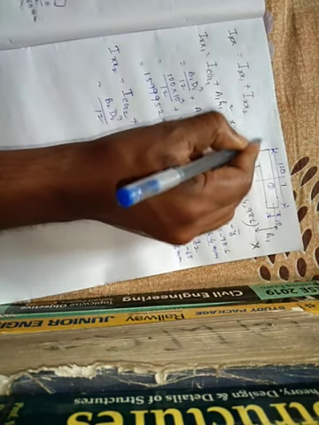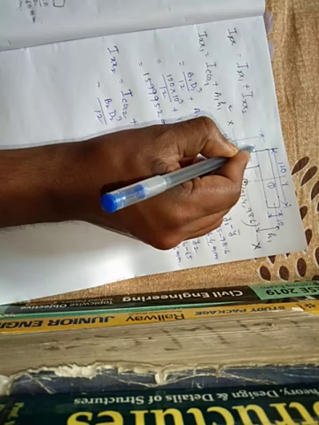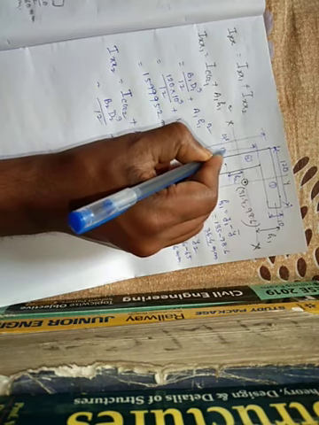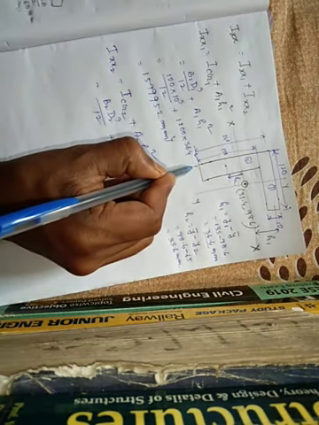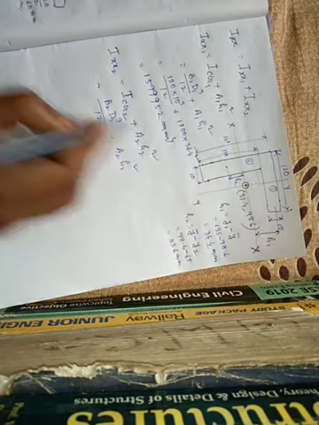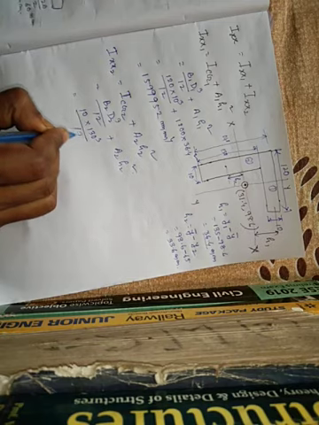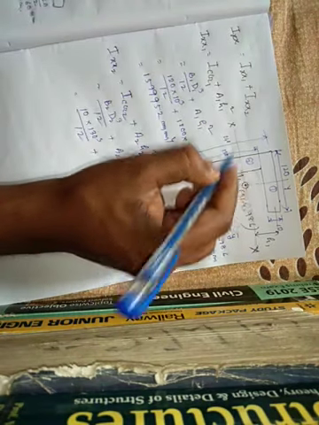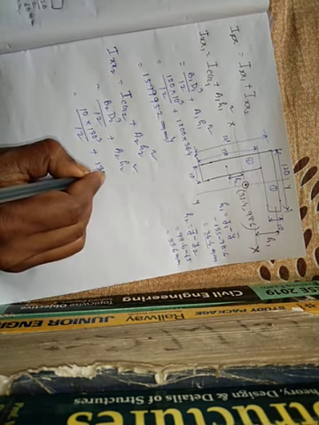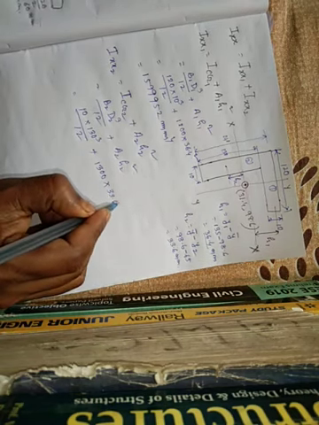From this, the total is 140, and from here is 130 of depth of the web, and the thickness of the web is 10. So b equals 10 and d equals 130. So 10 into 130 cube divided by 12 plus area a2, which we already calculated, 1300 into h2 equals 33.6 square.